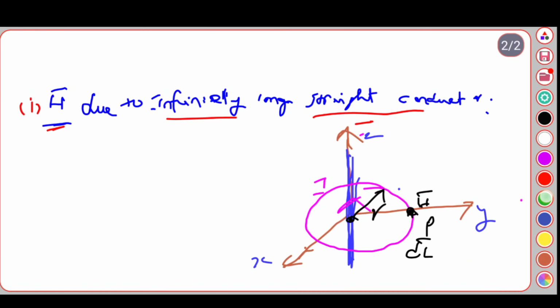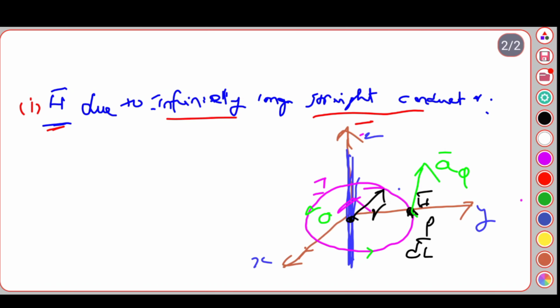The magnitude of H bar depends on the radius r, and the direction is always tangential to the closed path. That is a phi direction. Consider the origin and the closed path, an Amperean path. It has to be a closed path.